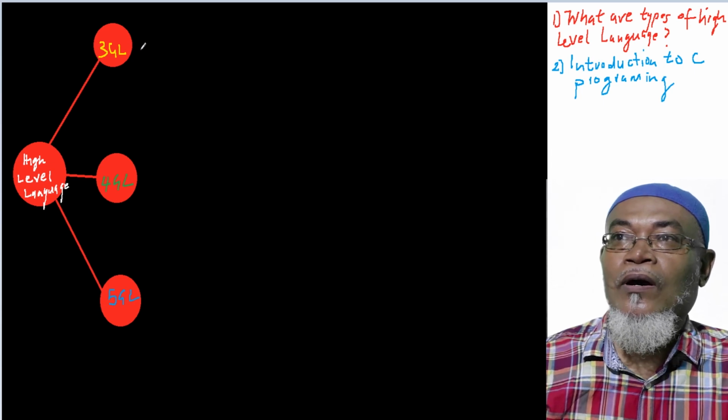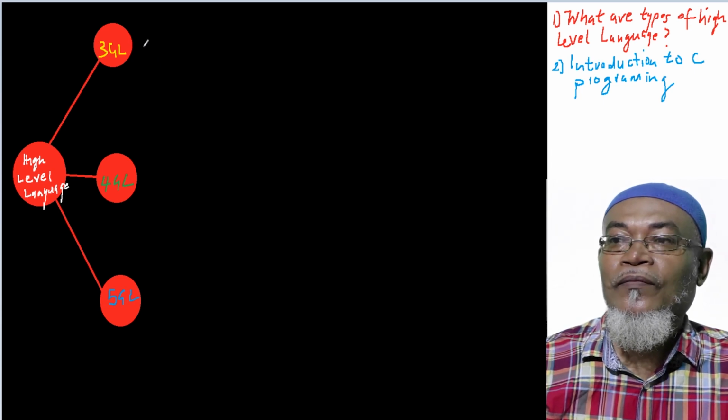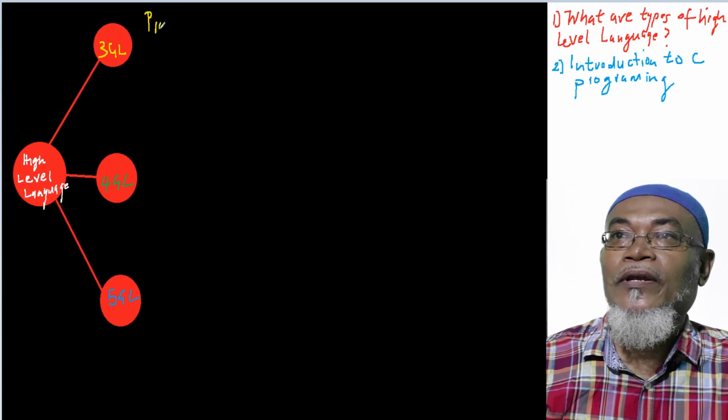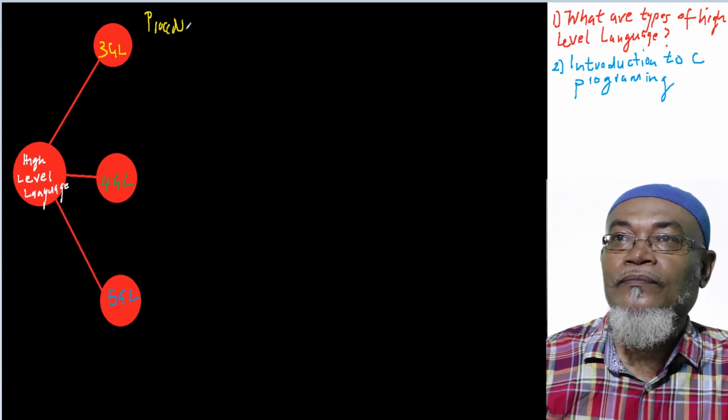Let's start with the first one, that is third generation language. Basically, it is what we call procedural oriented language.